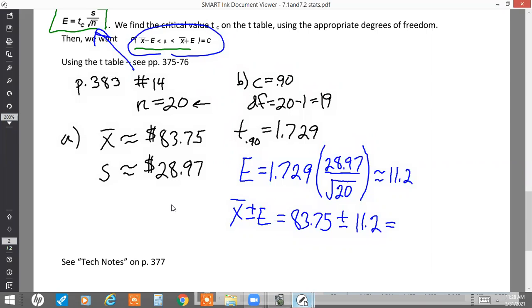All right, so we're looking at $72.55 up to that upper limit, which is $94.95. Any questions on that?